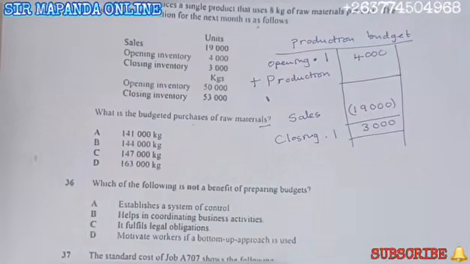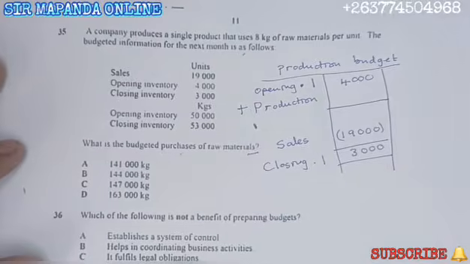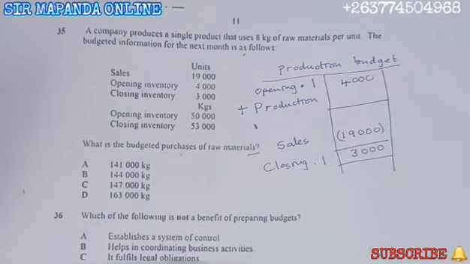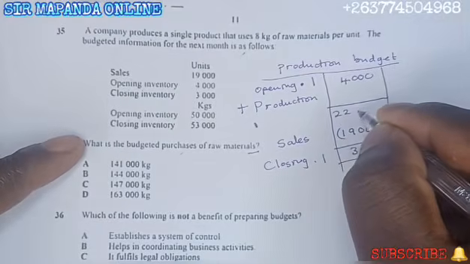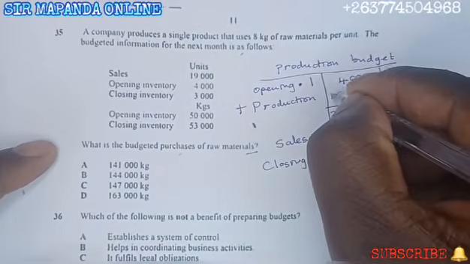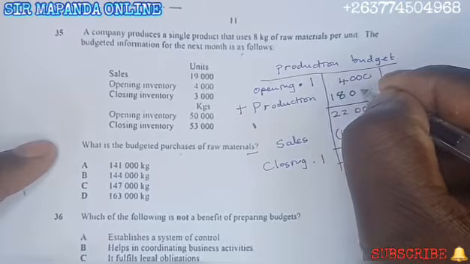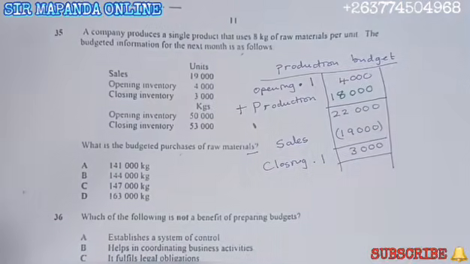So let us apply the backward calculation. 19 plus 3, you get 22,000. Then 22 minus 4, it gives you 18,000. I hope you are following. So 18,000 denotes the balancing figure showing the units that were produced.